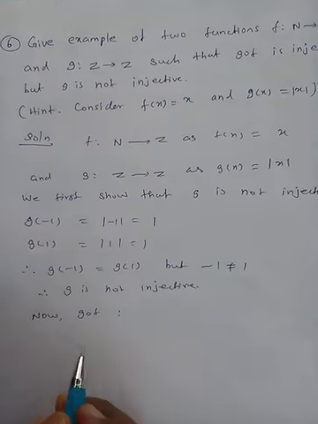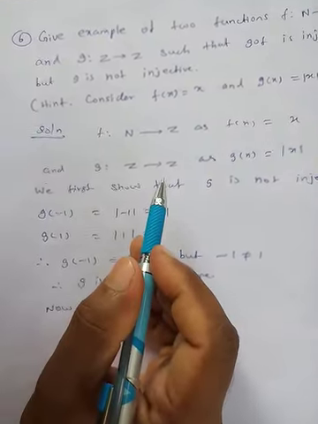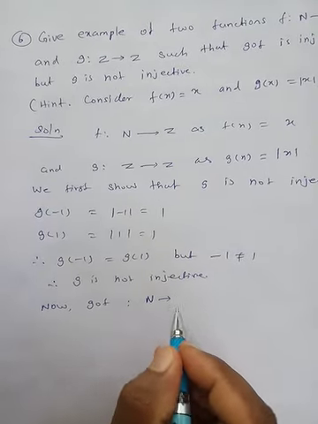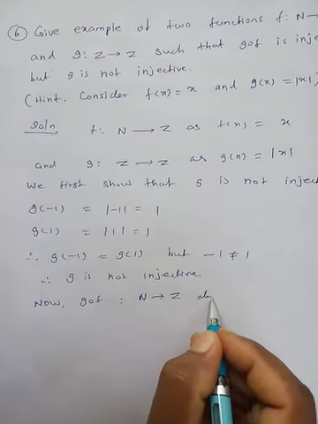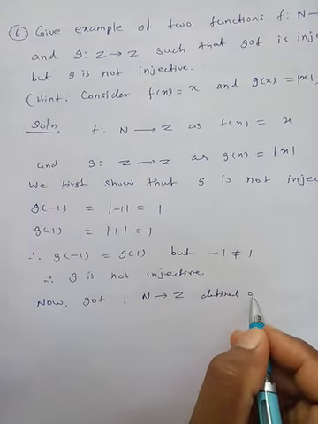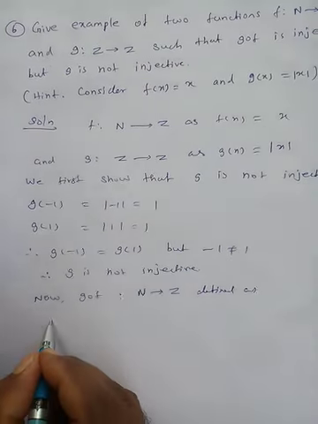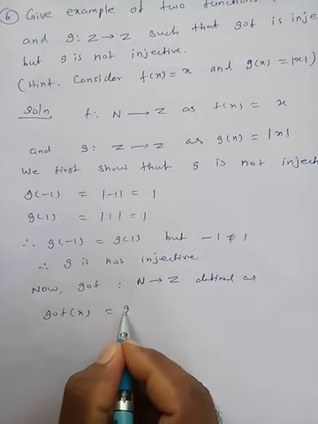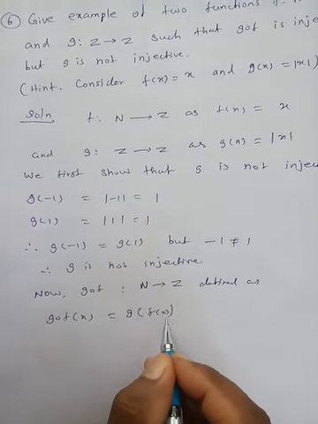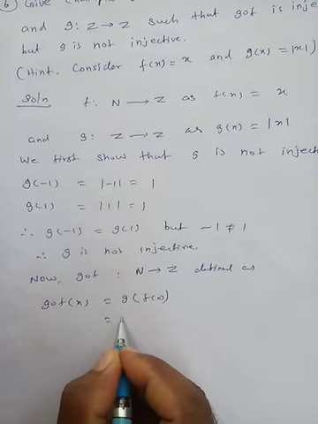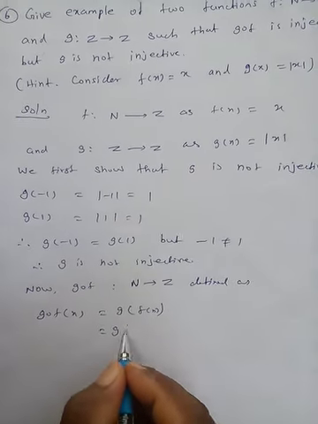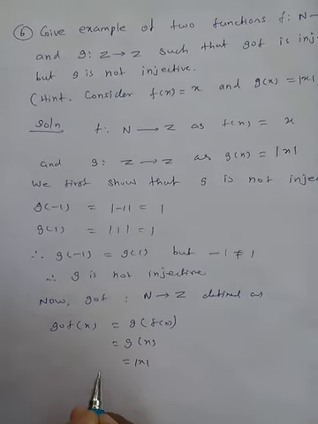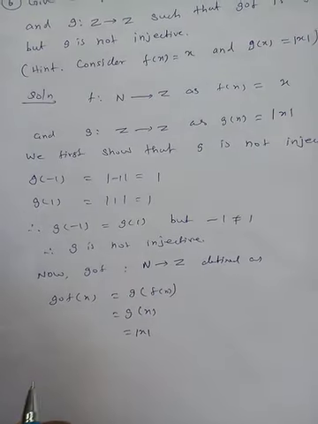Now define g composition f from N to Z, defined as g composition f of x equal to g of f of x. This is equal to g of x, which is equal to modulus of x.